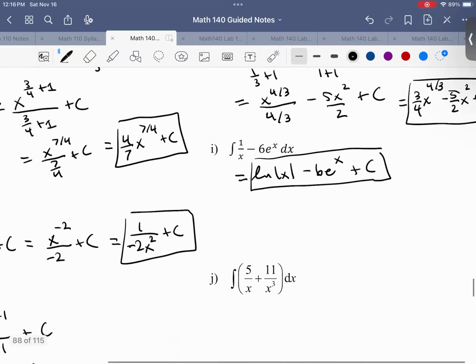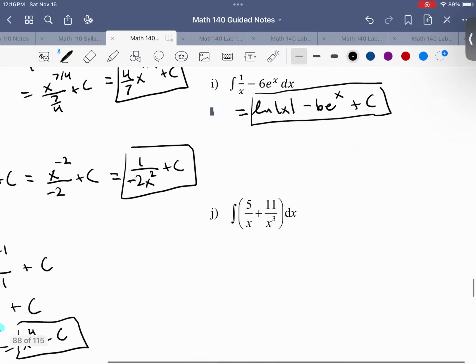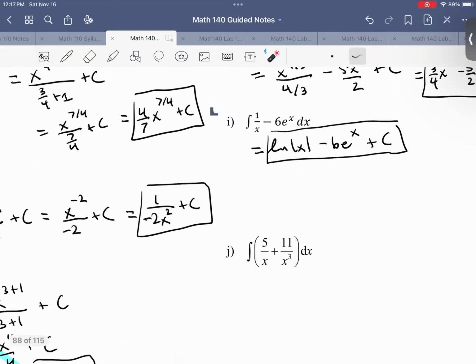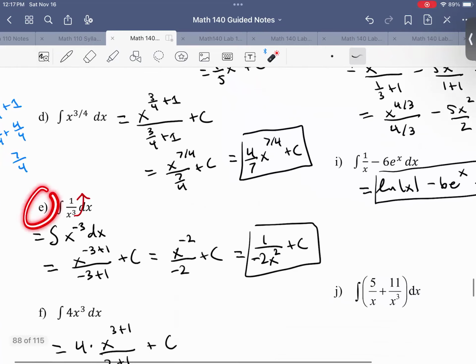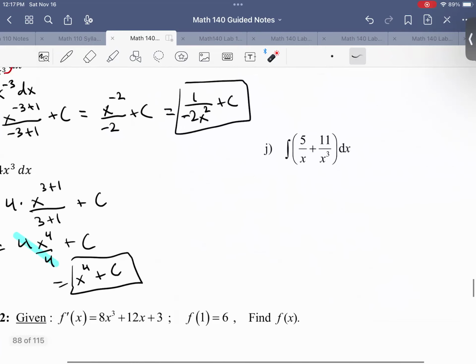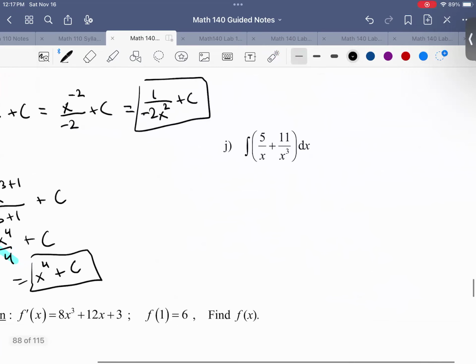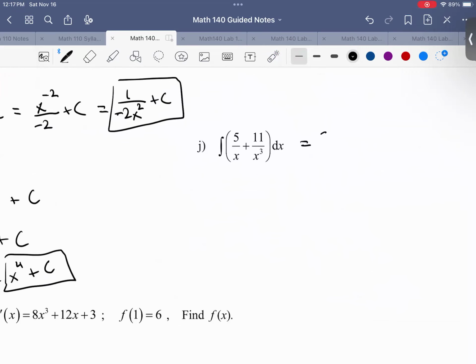Okay, last one, we have 5 over x plus 11 over x cubed. So let's go ahead and rewrite this so that we can take the integral. Much like with an example above, we have a 1 over x situation, like in letter I, and we have a power in the bottom, and we would need to bring that up like we did in example E. We can't integrate right now, so I want to rewrite this.